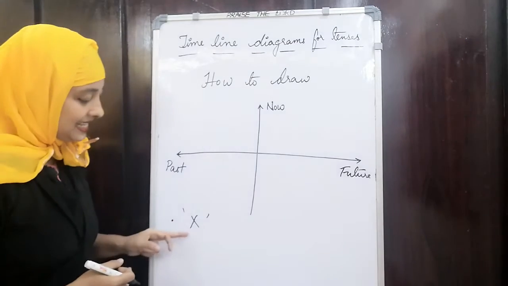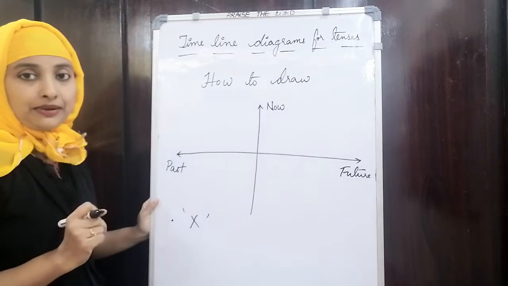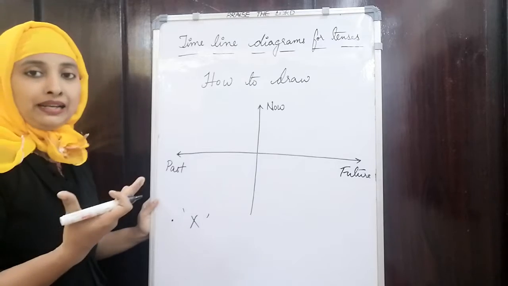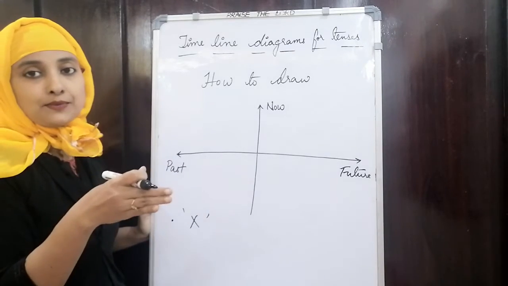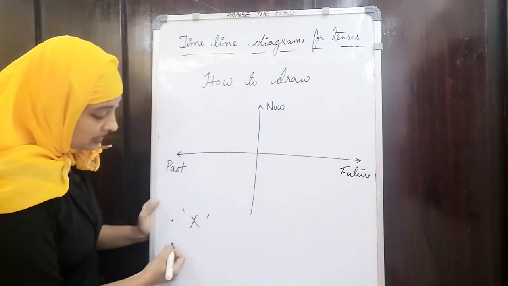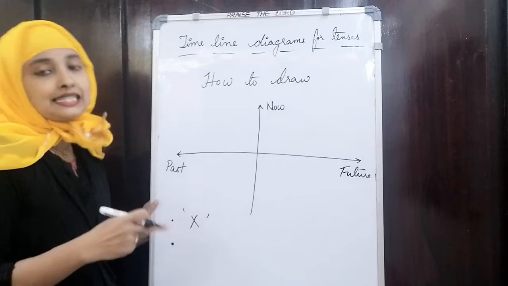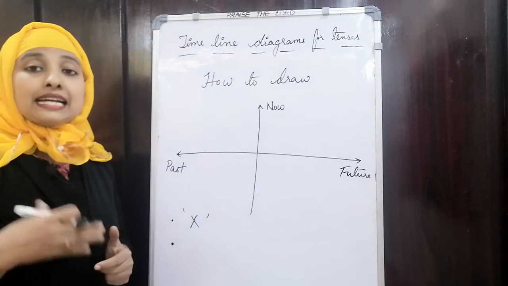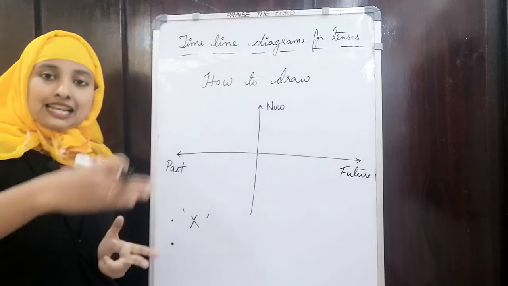Suppose this is a single event that happened. If there are multiple events, you represent it with many X's. Now, if it is a progressive, meaning continuous, event, it started somewhere and it is still going on.